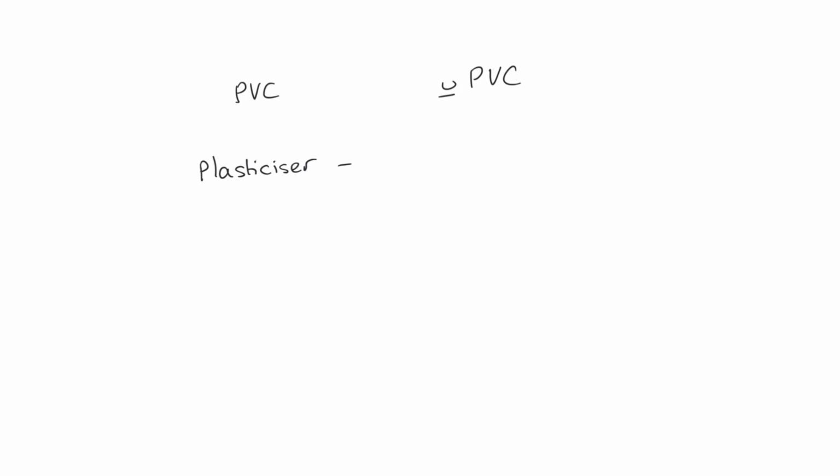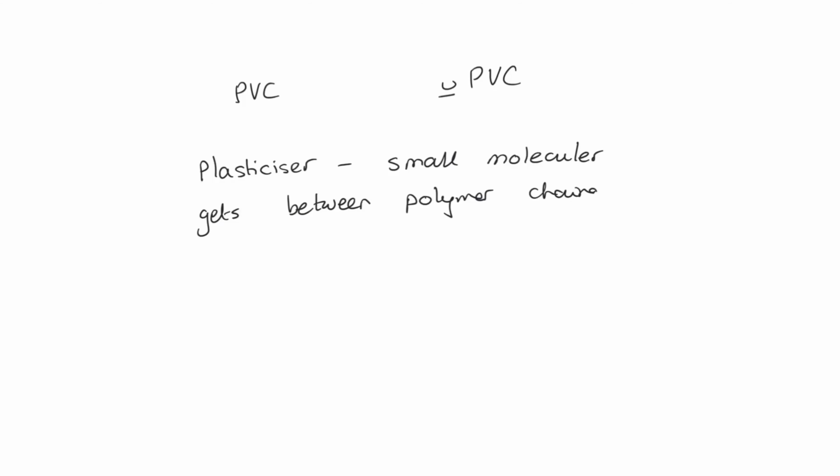So a plasticizer is a small molecule which gets between the polymer chains, and it reduces the intermolecular forces between the polymer chains, reducing the strength of the van der Waals forces between the polymer chains.